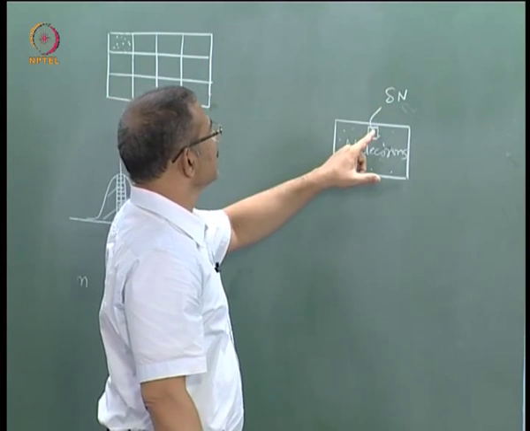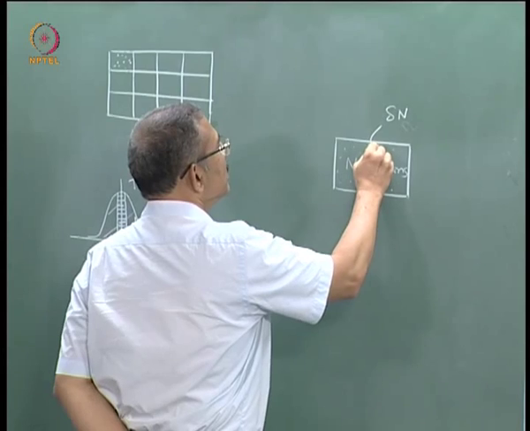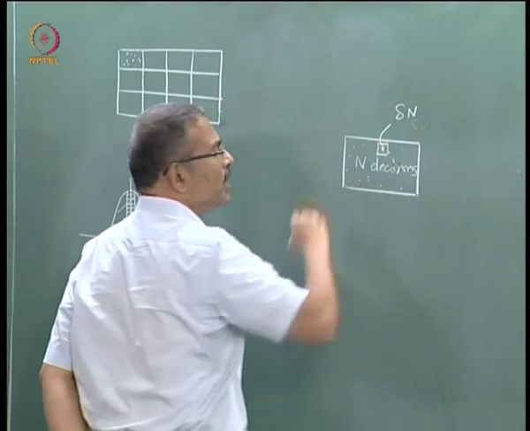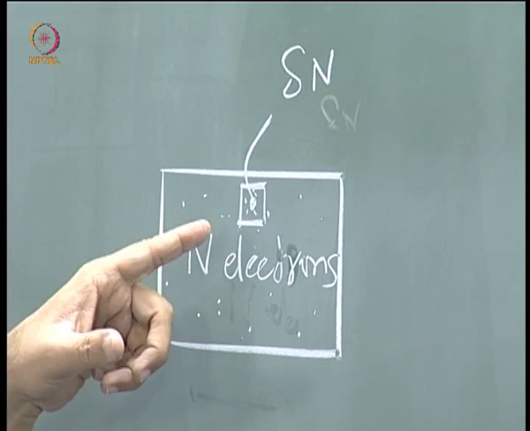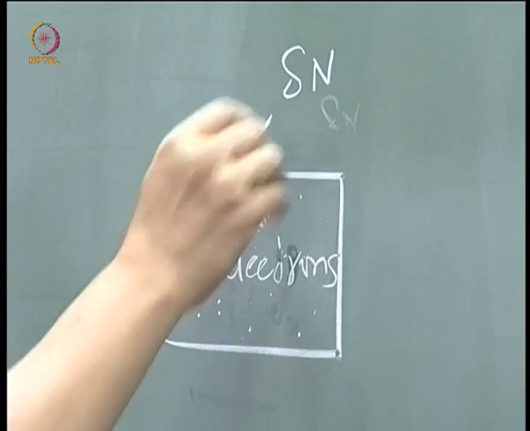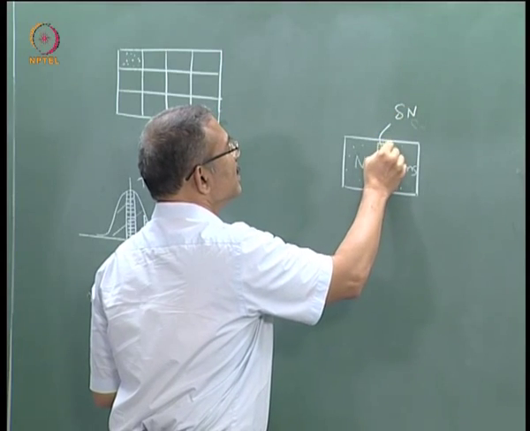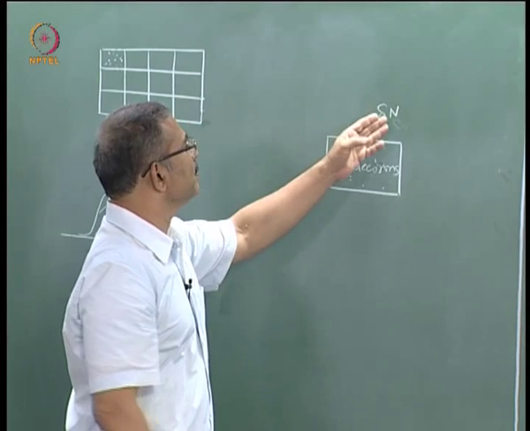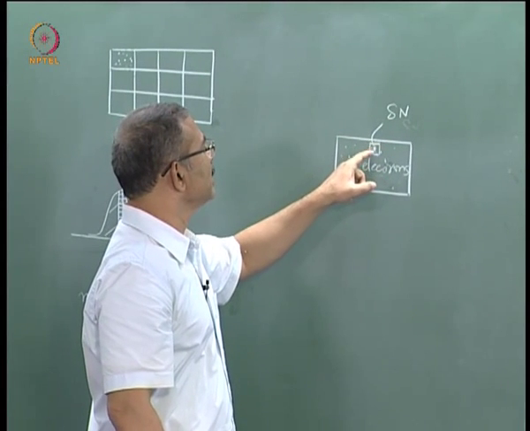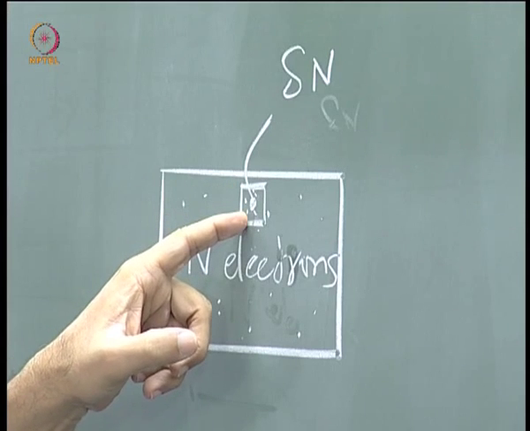This local volume is chosen around the point at which you want to find the carrier concentration and the current. Delta n electrons are the electrons in this local volume, and you obtain this number by counting how many electrons fall into it.